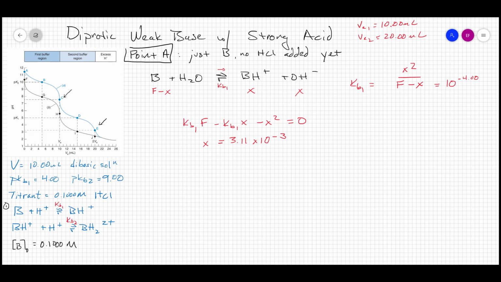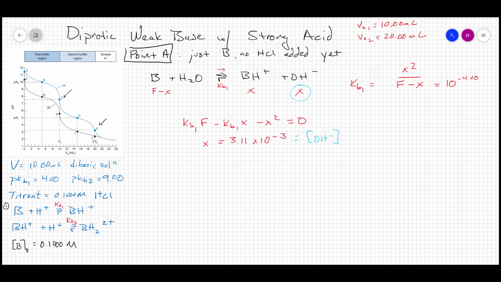Remember, especially if you're being hasty, you might think that this is the proton concentration, but when we're talking about bases, X is hydroxide, so this is equal to the hydroxide ion concentration.